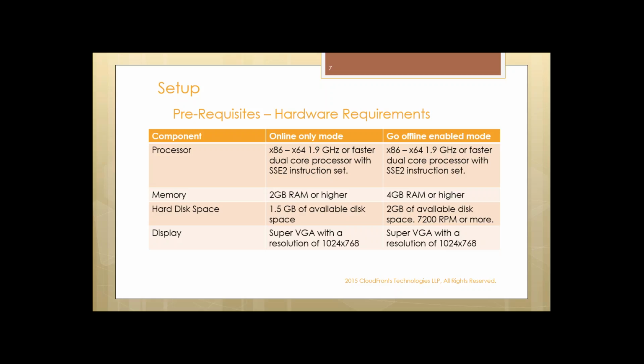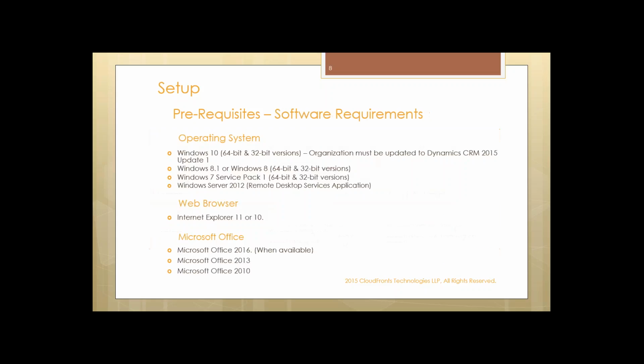So that being said, let's take a look at the software requirements. It works fine with Windows 10, 64 and 32-bit, but only when you have Dynamics CRM 2015 Update 1. It works with Windows 8.1 or Windows 8, 64 and 32-bit versions both. With Windows 7 Service Pack 1, 64 and 32-bit versions both.